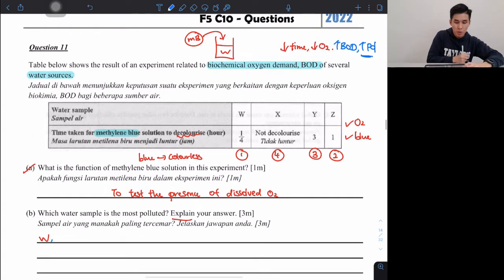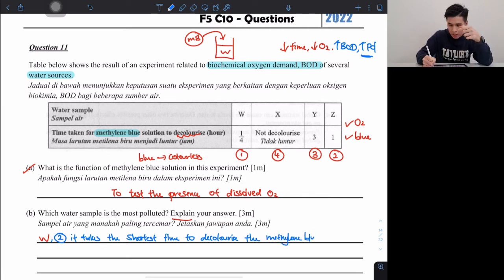So we can say W because of time. Second point, it takes the shortest time or the fastest time to decolorize the methylene blue. And oxygen, right?